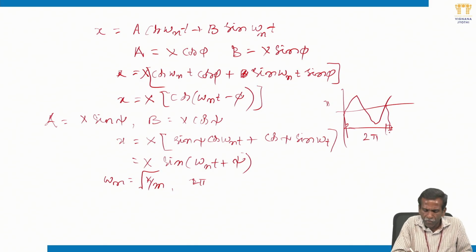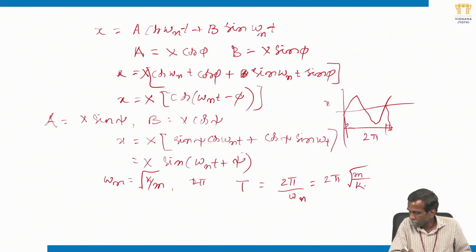The time required for each cycle is 2 pi by omega n, which is 2 pi into square root of m by k.